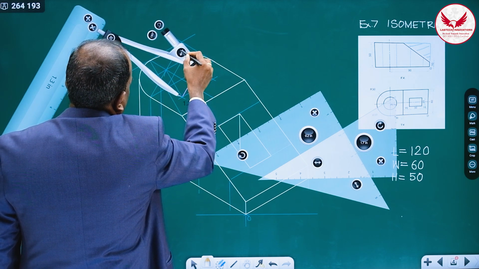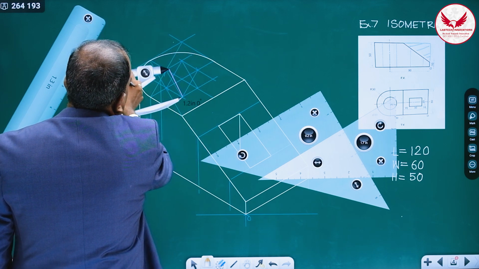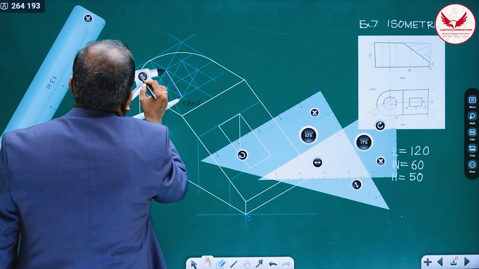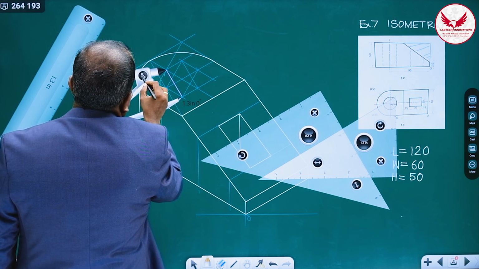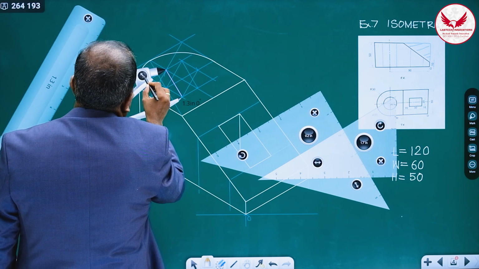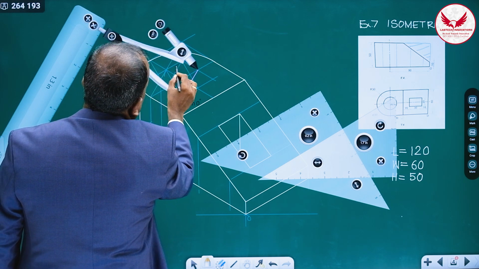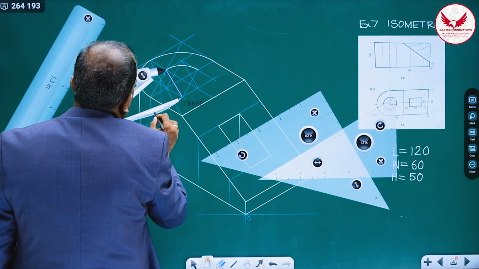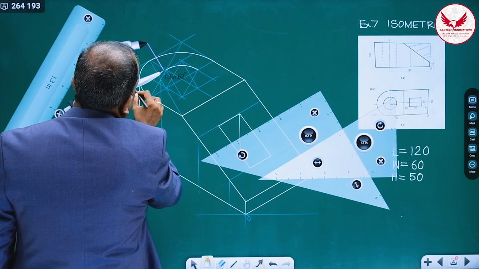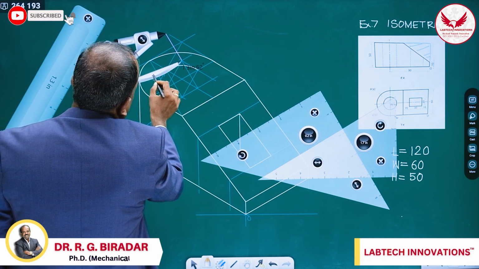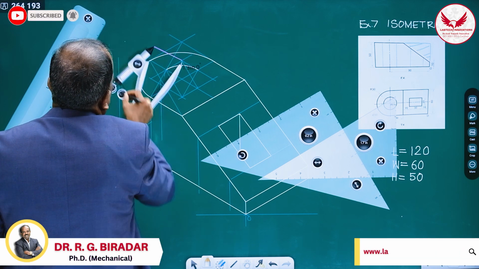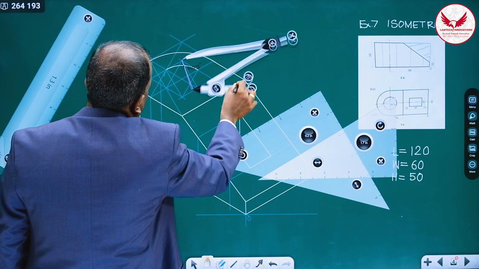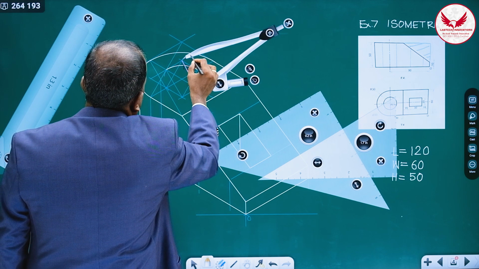I'll check whether it matches, yes. So this portion, this quarter circular portion, then shift the center to this place, and again see, this is the midpoint of the opposite side, this is also the midpoint of the opposite side.